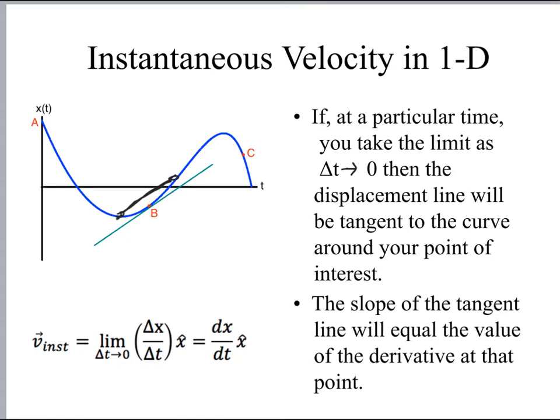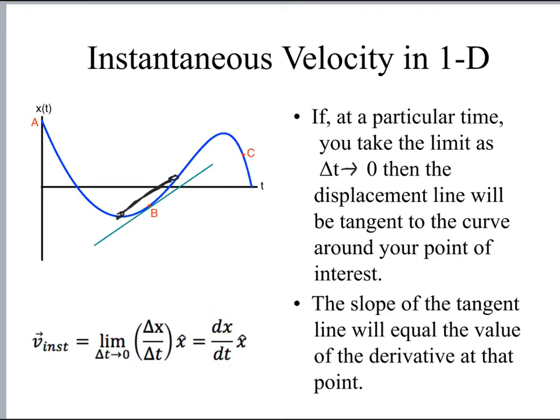And the slope of that tangent line is the velocity at that point. We know that's given by the derivative dx over dt. That would be my instantaneous velocity, the derivative of the position function with respect to time.